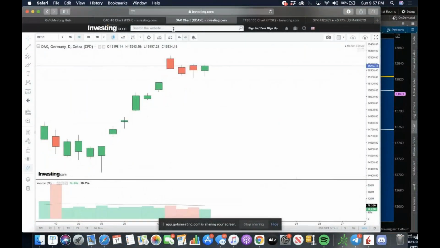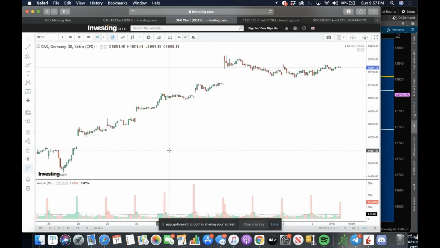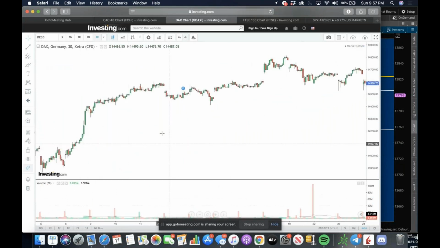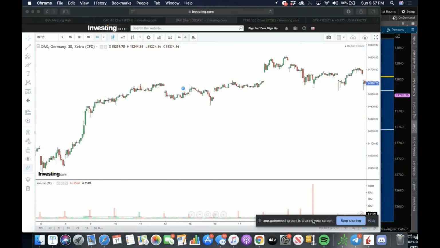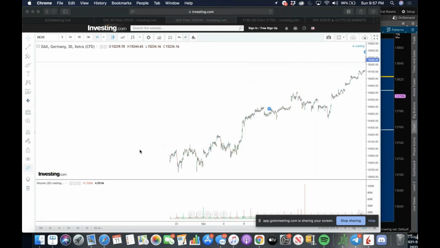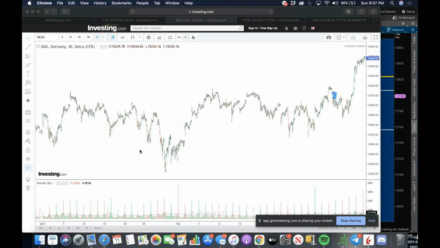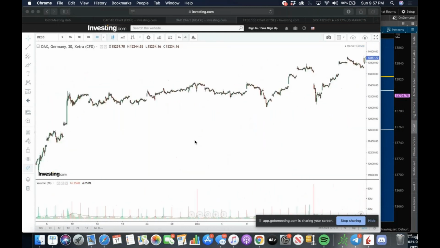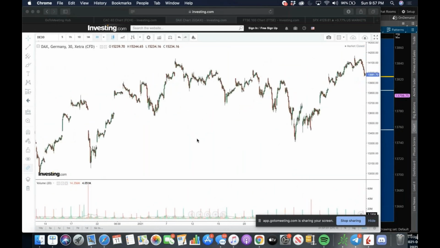Simply this. When I pull out the 30-minute chart here on the CAC, and we go back as far as, what date is this here? We go back as far as even just going to March. All right, and let's pick something fun. Let's go to January.